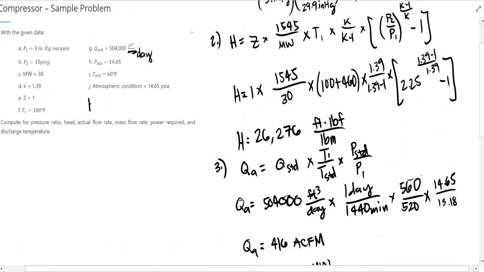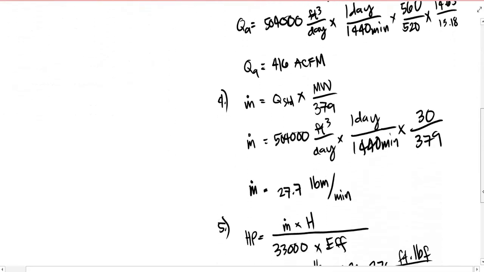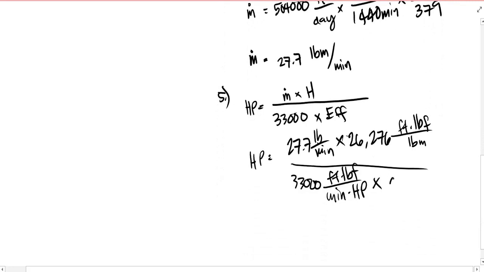So efficiency 60%. Yeah, 60% yung efficiency dapat. So we have 60% efficiency. Okay, so 0.6. So finally, ang horsepower required to run the compressor is 36.76 HP.